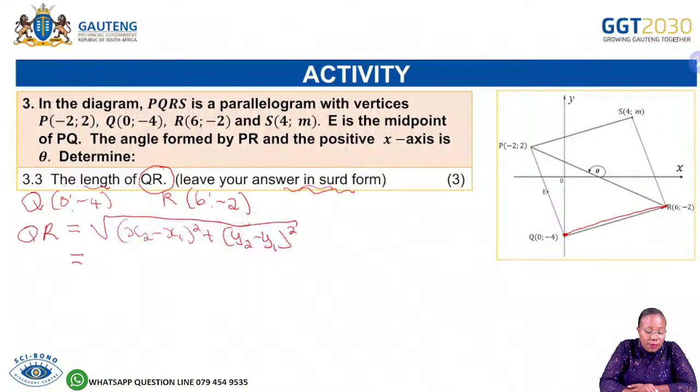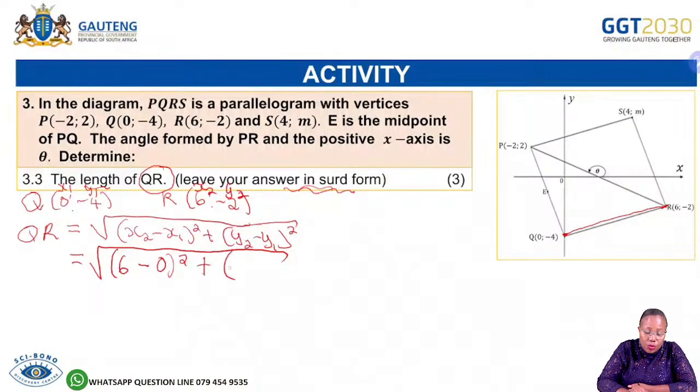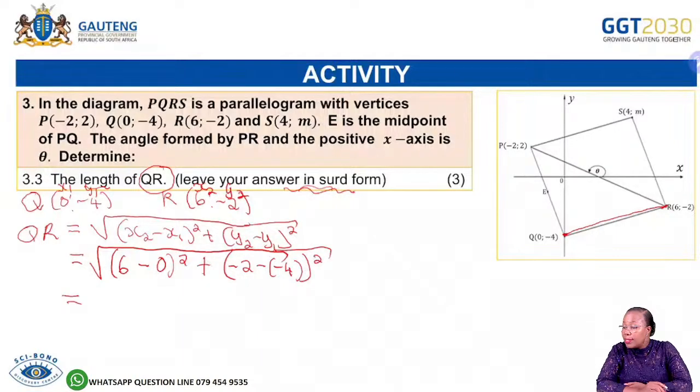Now with the substitution, this is point 1 (x1; y1), this is point 2 (x2; y2). Now we substitute into our formula. The x2 is 6 minus x1, 0, squared, plus the y2, which is minus 2, minus y1, which is minus 4, and then everything squared. Now into your calculator, straight to the answer, Grade 12.